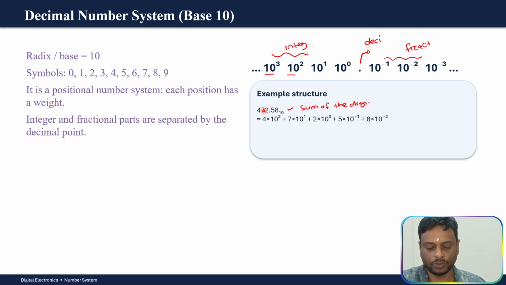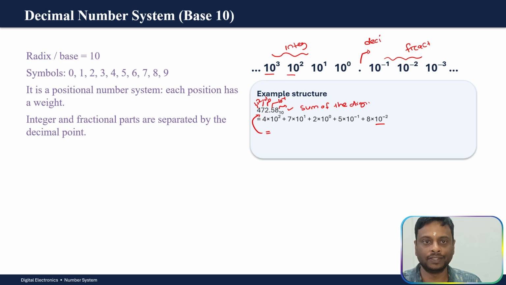This is the weight of 10 to the power 0, this is 10 to the power 1, and this is 10 to the power 2. Similarly, after the decimal point, it will be 10 to the power minus 1, likewise 10 to the power minus 2. If we sum it over, that will be 472.515. So this is the decimal number system.